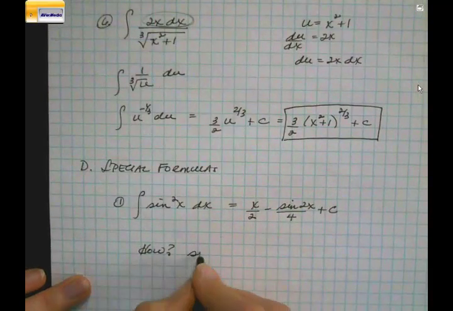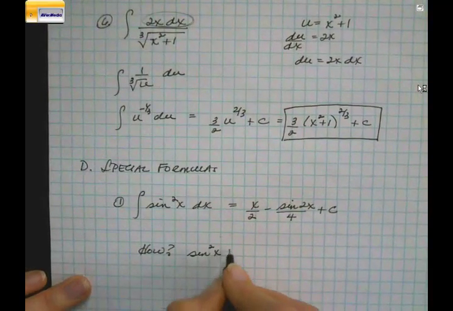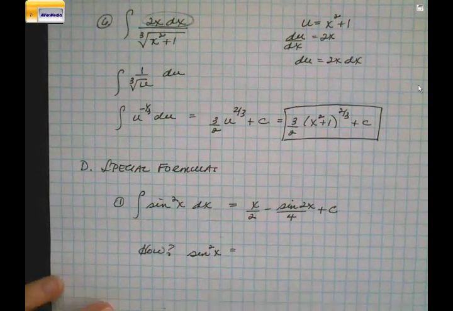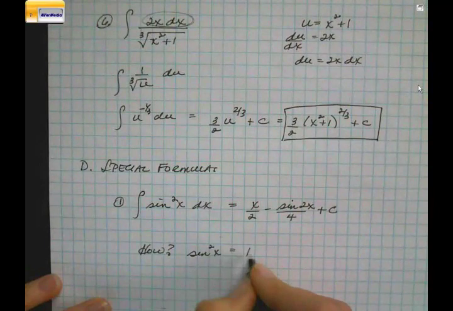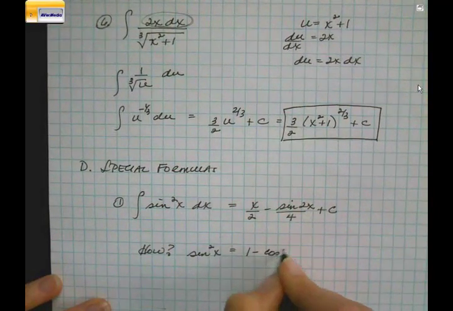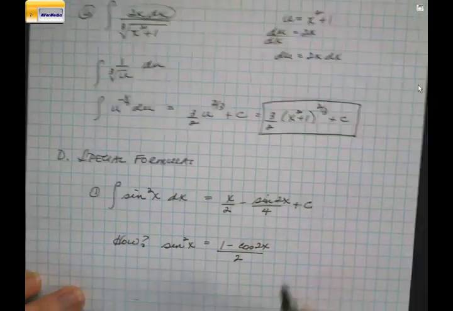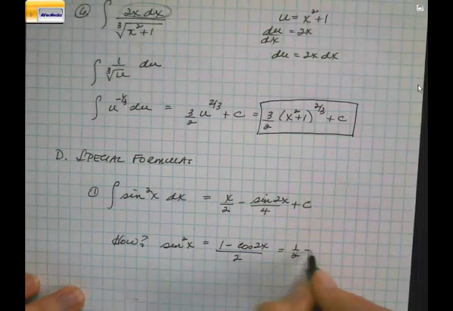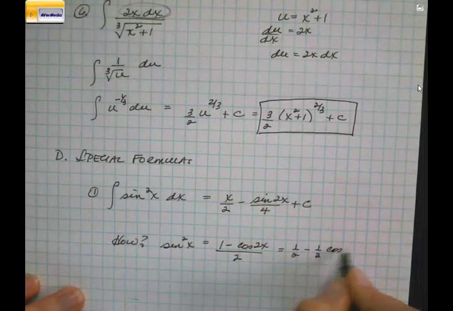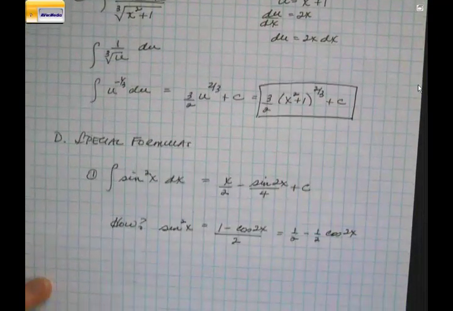What they did was they said one of your identities in trig is that sine squared x is the same as 1 minus cosine 2x over 2, which is 1/2 minus 1/2 cosine 2x.